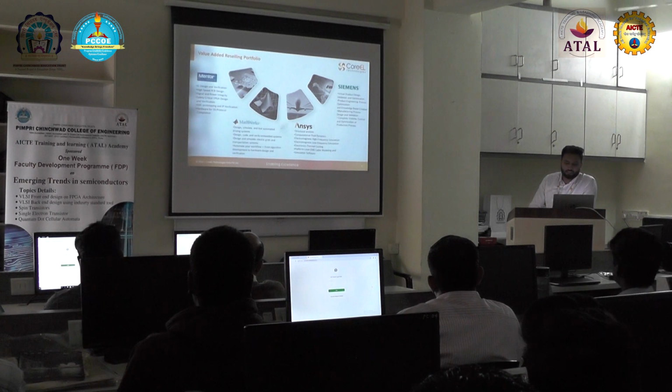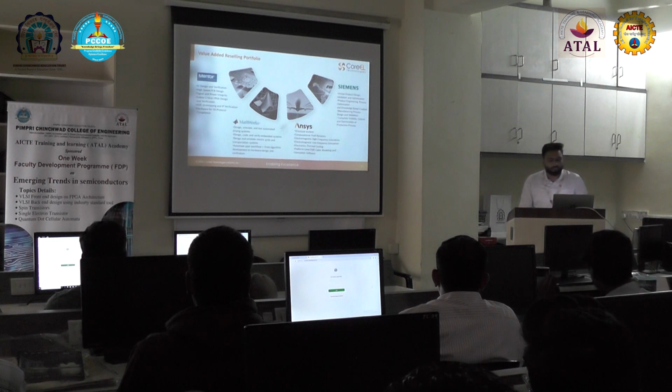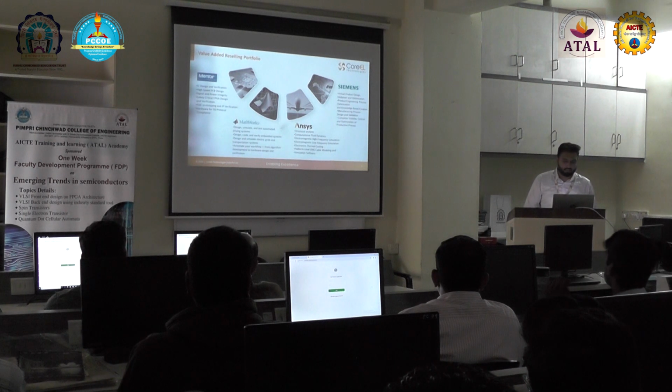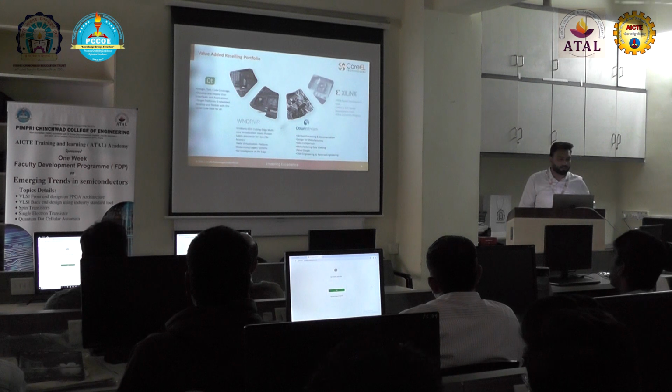And we have the Siemens reselling portfolio, with virtual product design, validation and optimization, product engineering, process optimization, knowledge-based creation, and manufacturing process design and validation. So this is one set of reselling portfolio, and the next set is QT, Wind River, Downstream and Xilinx.